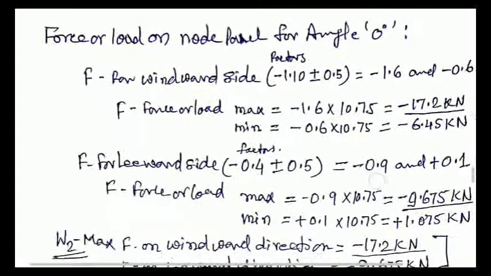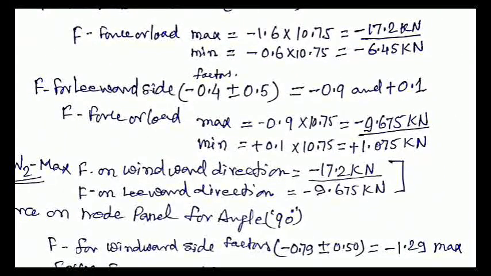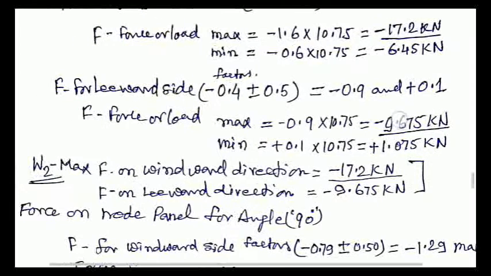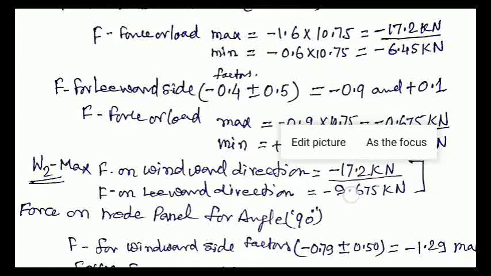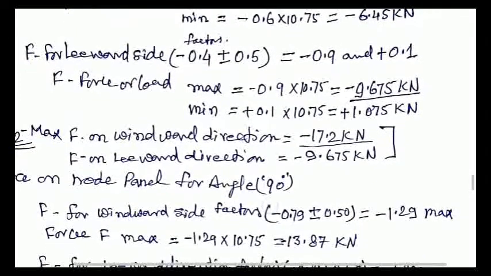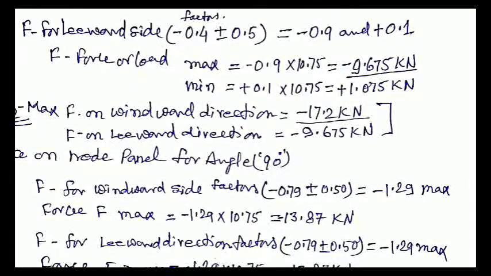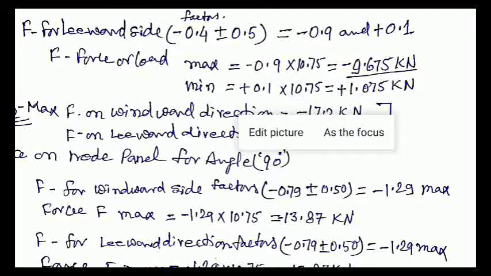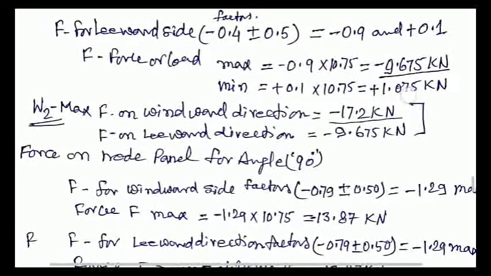Now for the leeward side, the factors are minus 0.4 plus minus 0.5. So the maximum comes out to be minus 0.9 and the minimum comes out to be plus 0.1. But again, we will take the maximum. So the maximum force or load for the leeward side will come out to be minus 0.9 into 10.75, and we will take it in design as minus 9.675 kilonewton.